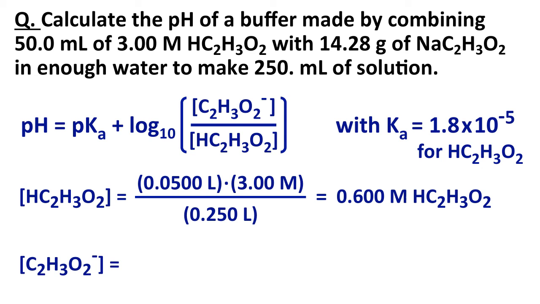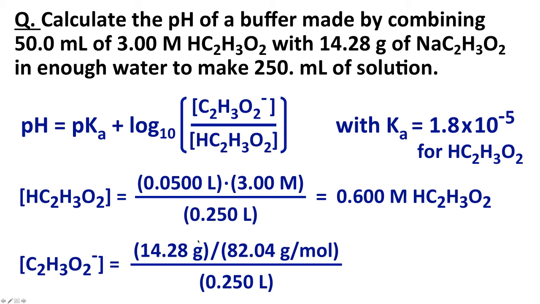We'll do the same thing with the acetate ion, and we need to note that we have 14.28 grams of sodium acetate, so we need the molar mass of sodium acetate, about 82 grams per mole. We do the grams divided by grams per mole, which will give us the moles of sodium acetate, and of course the moles of sodium acetate is going to be the same as the moles of the acetate ion, and then we'll ignore the sodium ion.